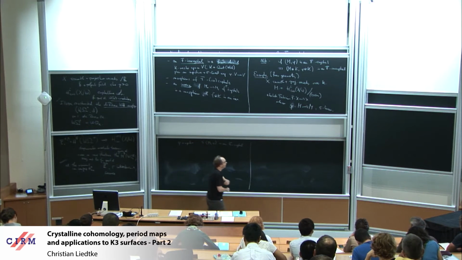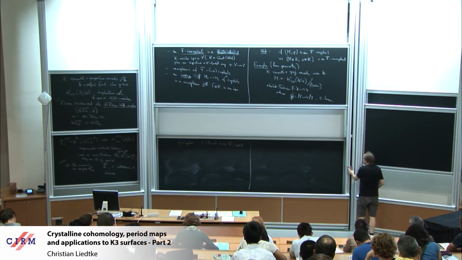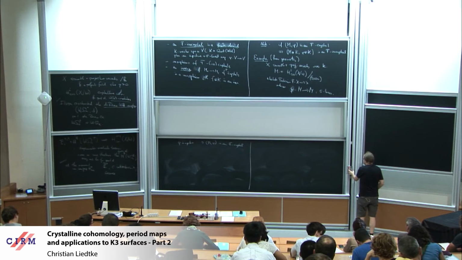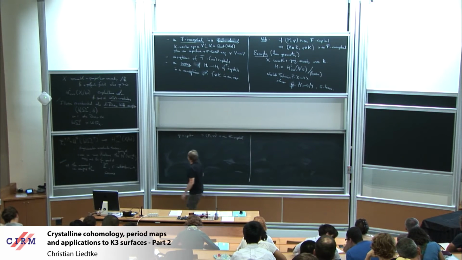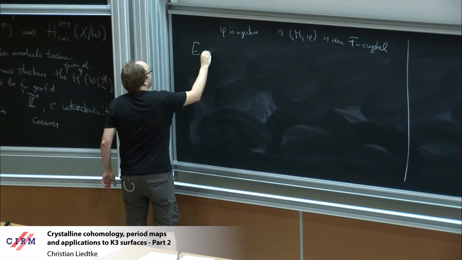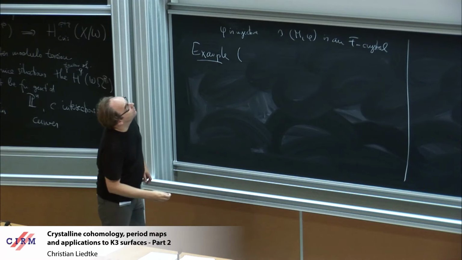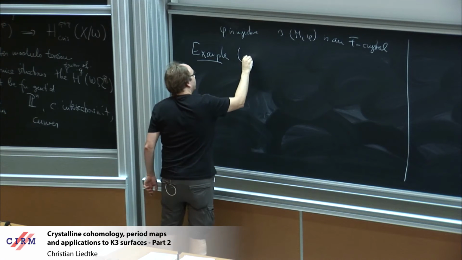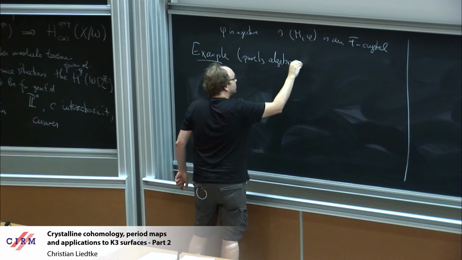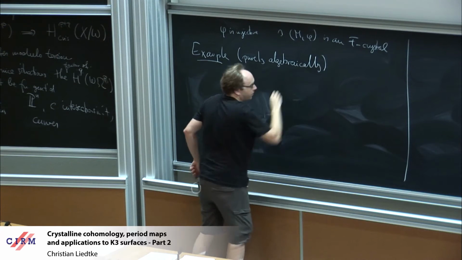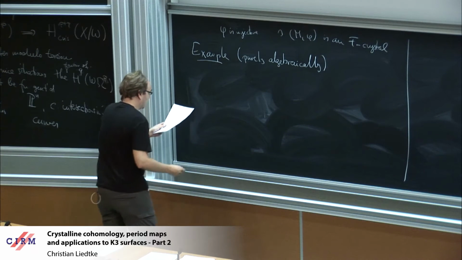Let me give a purely algebraic way of producing F-crystals. Example: it goes as follows.